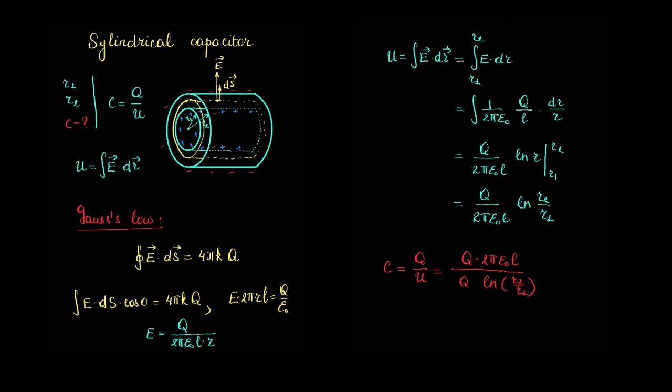Now canceling this Q, we get C equals 2 pi epsilon 0 L divided by ln R2 over R1.